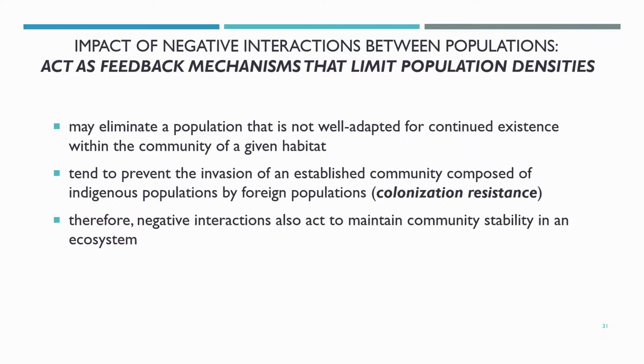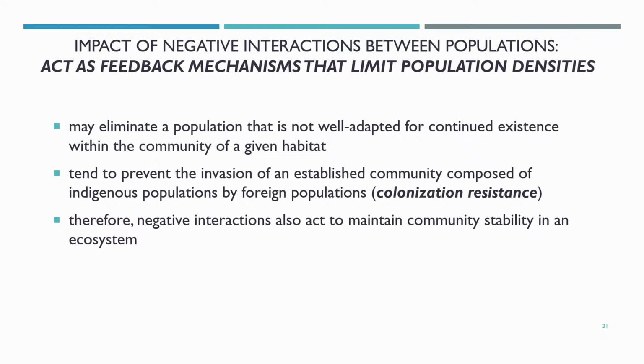All right, so we talked about the impact of positive interactions between populations, but there's also an impact for these negative interactions between populations. Basically, this is a way for the ecosystem as a whole to protect itself against unwanted or intrusive organisms. One way an ecosystem can promote this negative interaction is to eliminate a population that's not well adapted to continue to exist within the community of that habitat.